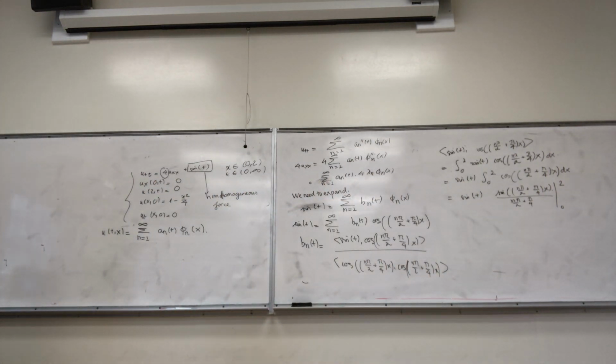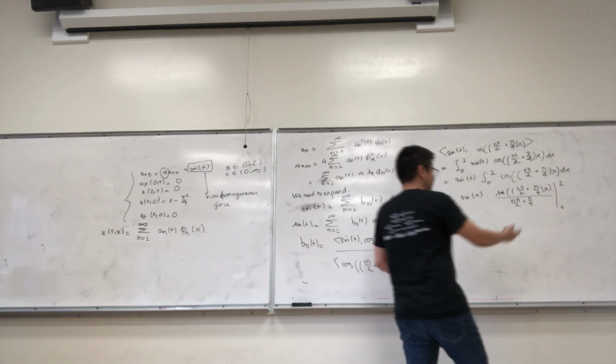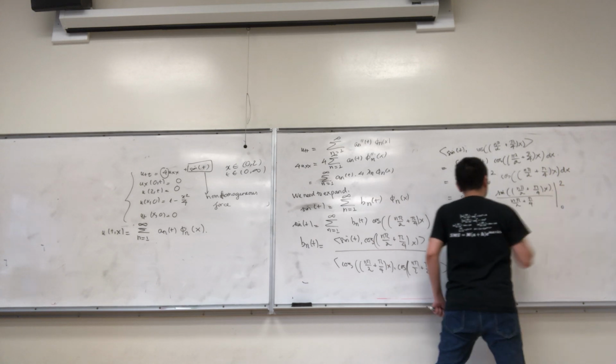So what is the value of this? It would just be 0 in this case because... no, it's not 0. It's negative 1 to the n. So the 0 here will be 0, but the 2 is not 0, right?